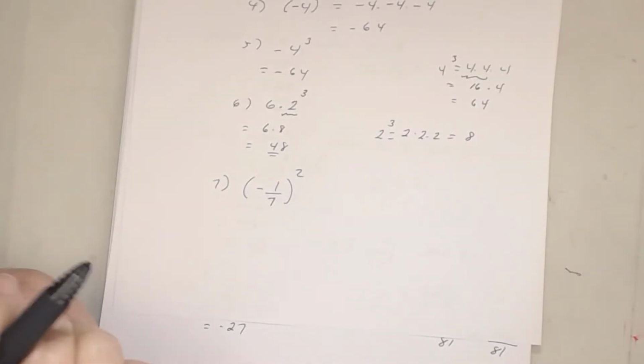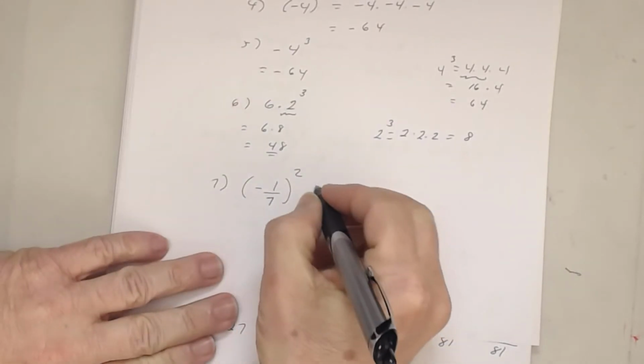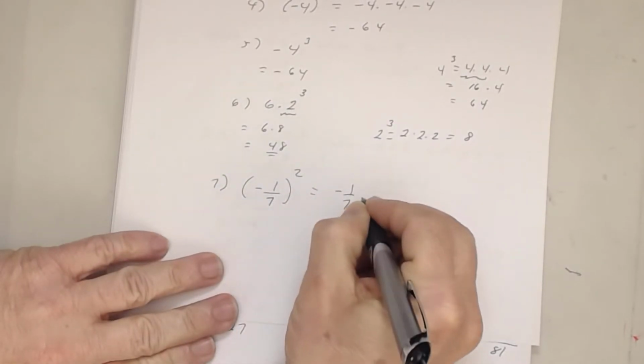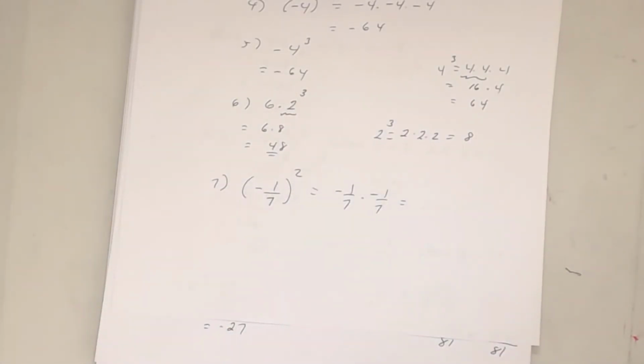All right. What's the base? -1/7. What am I doing to that -1/7? Multiplying times itself. So some of you remember when we first started this course, you had issues with multiplying fractions. Hopefully at this point you don't have those issues any longer.